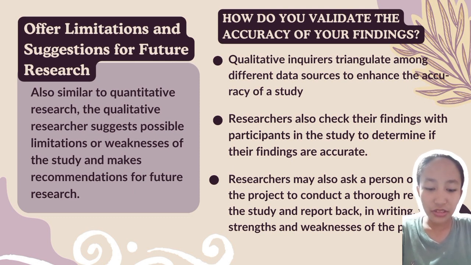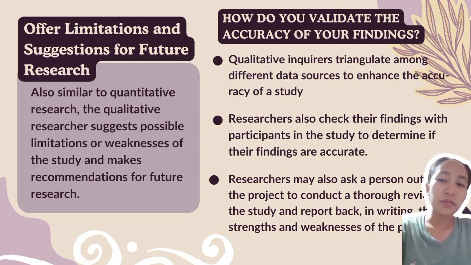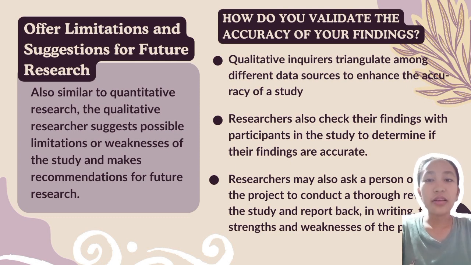Next, a researcher may also ask a person outside the project to conduct a thorough review of the study and report back in writing the strengths and weaknesses of the project. In the external audit, researchers get someone from outside their study to review their work and give feedback.